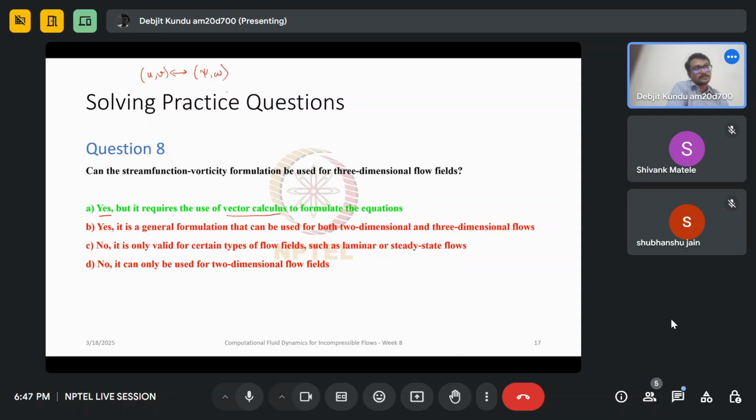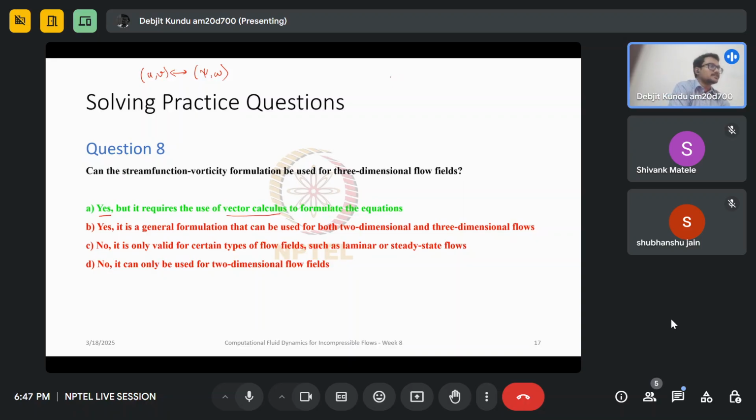In 2D, you have only one component of psi. Psi is just a constant number at each point. Same for omega. So in case of a 2D flow field, you don't need to worry about omega x and omega y. If your 2D plane is xy, it's only the omega z component that exists.